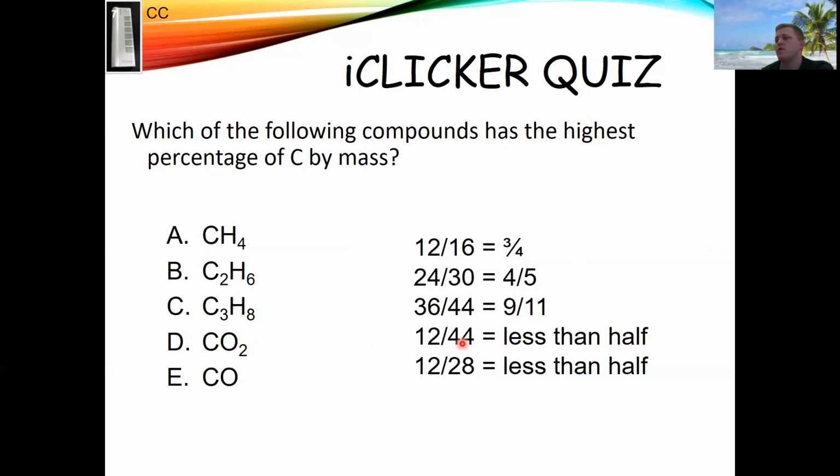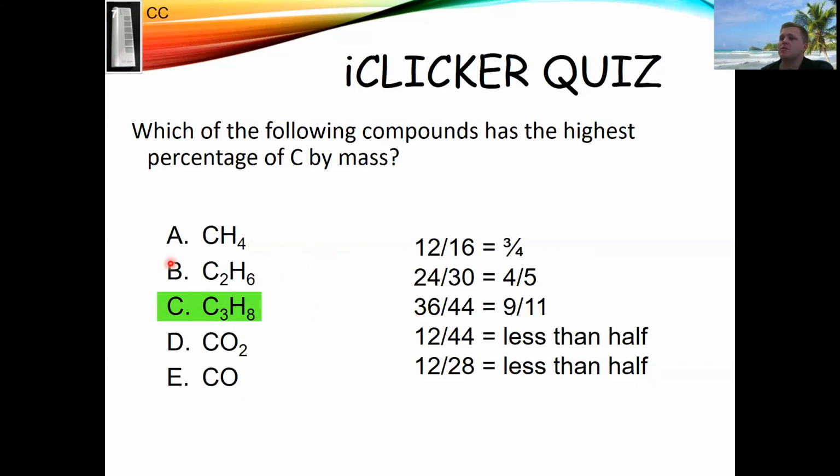So this is 12/44, and that's less than half, right? And then for CO, this is 12 plus 16, which is 28, so 12/28 is less than half as well. So the species in here that has the highest percent of carbon by mass is going to be our C3H8.